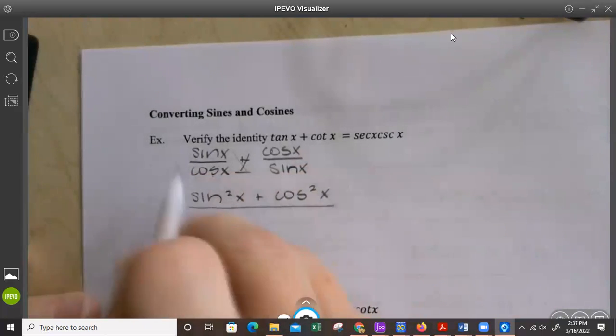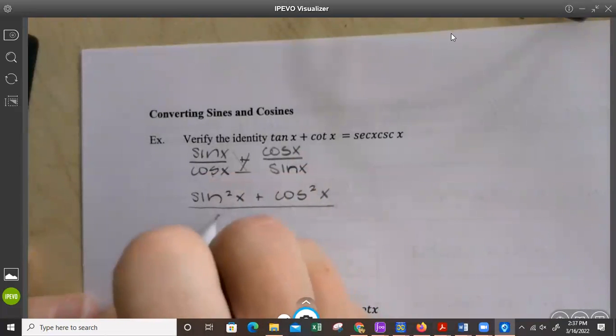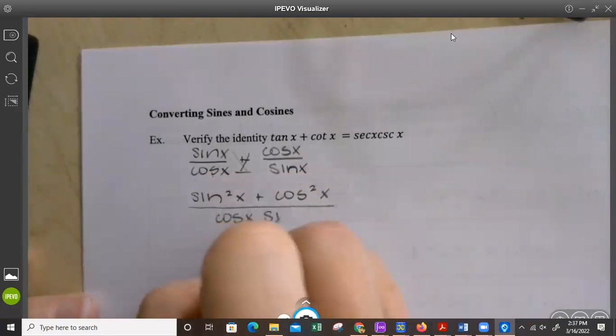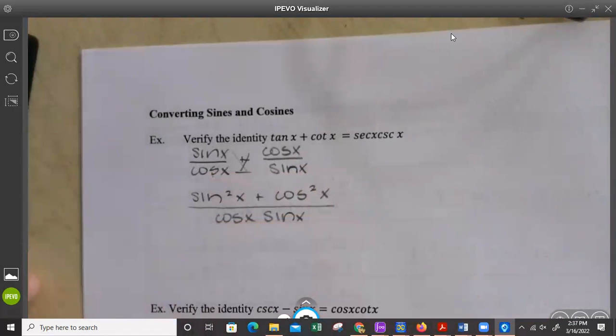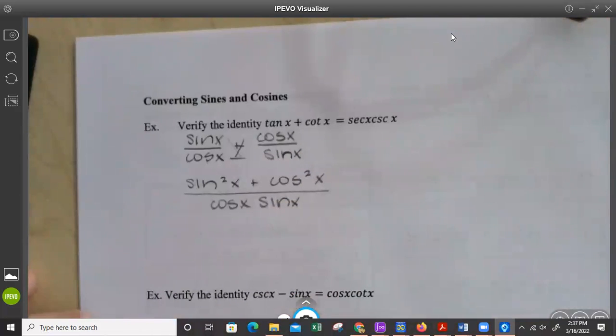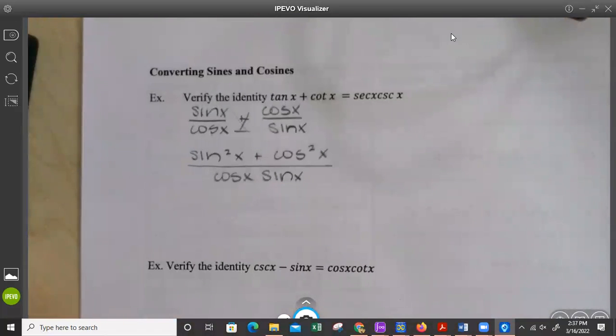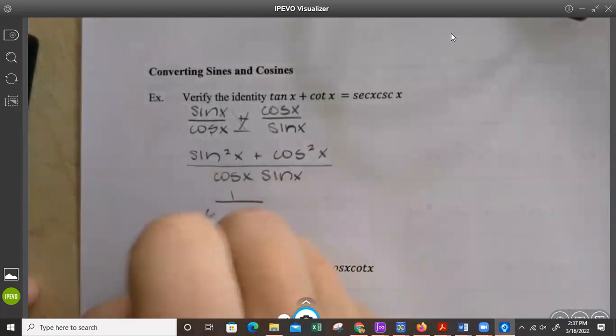On the bottom, what am I going to have? Tell me what you know. What's the hard part? Yeah, what is the top? It's equal to 1. Yep, our Pythagorean identities say that sine squared x plus cosine squared x is 1.